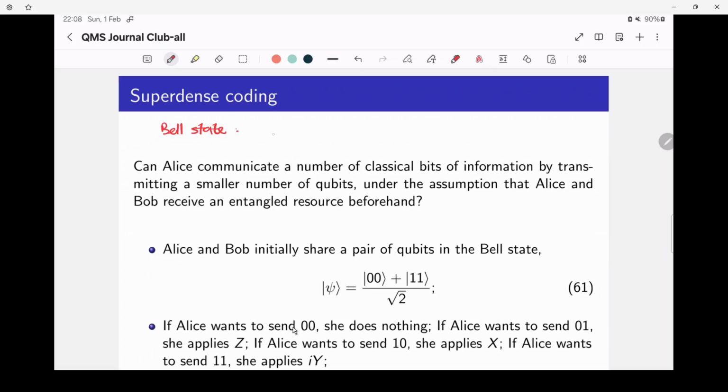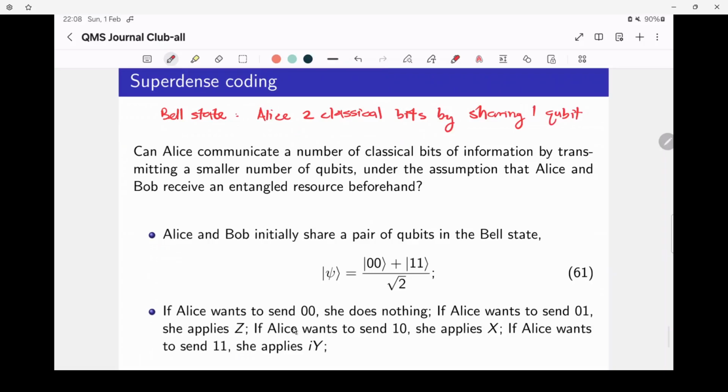So Alice wants to send two classical bits by sharing one qubit. Can you do it? The answer is yes.